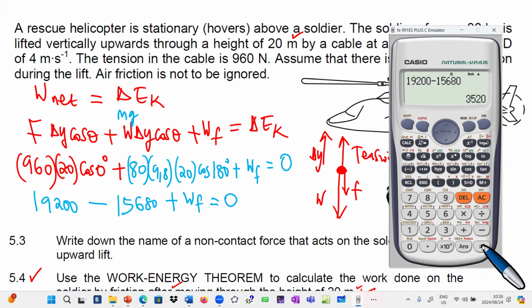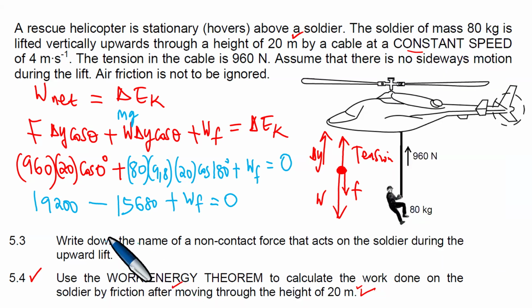That is exactly 3,520 joules. So it's exactly 3,520 joules plus the work done by friction equals 0.